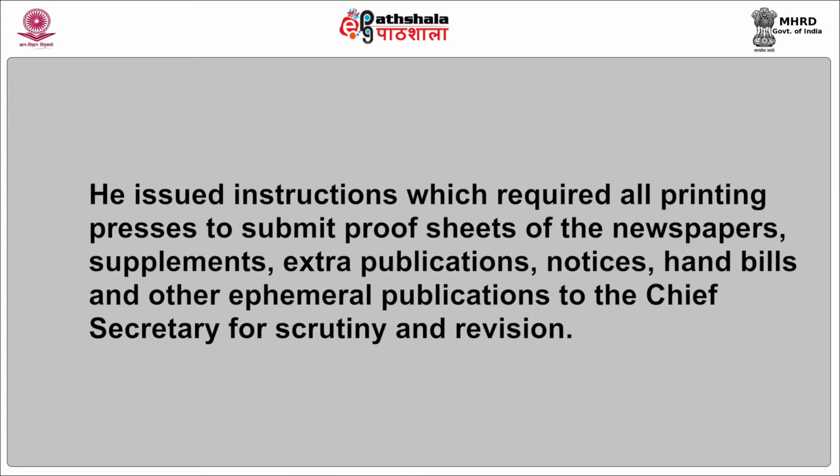He issued instructions which required all printing presses to submit proof sheets of the newspapers, supplements, extra publications, notices, handbills and other ephemeral publications to the Chief Secretary for scrutiny and revision.